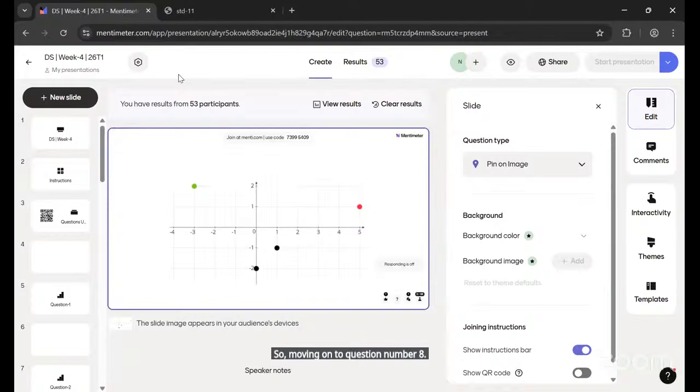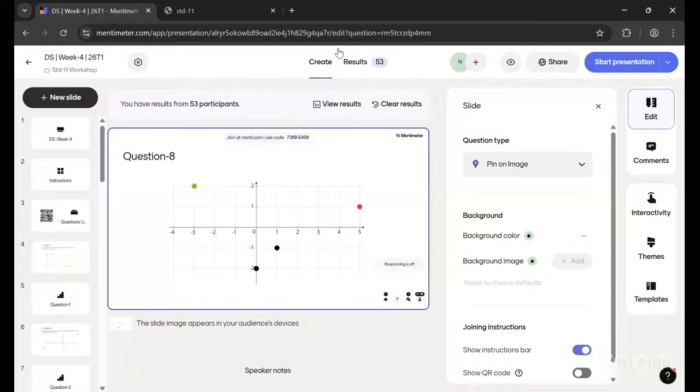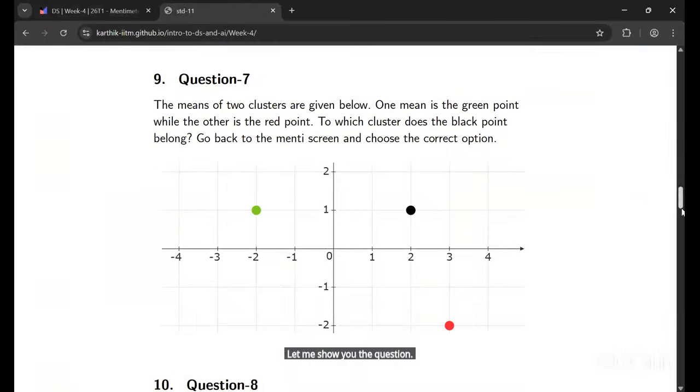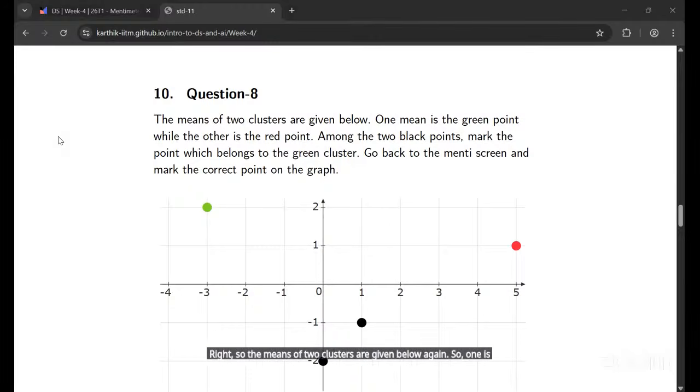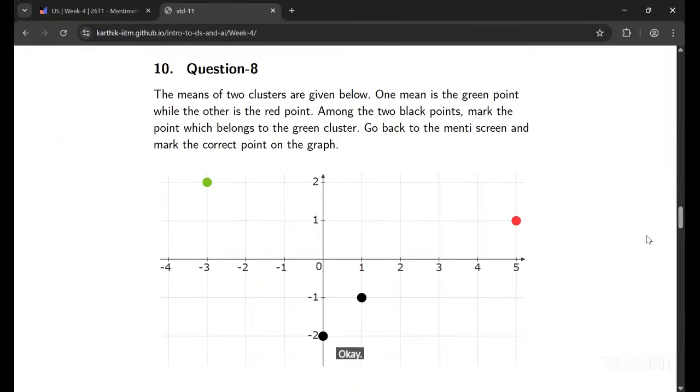Let me show you the question. Right. So the means of two clusters are given below again. One is your green point and one is the red point, which are the cluster means. And now you have two black points on the graph.